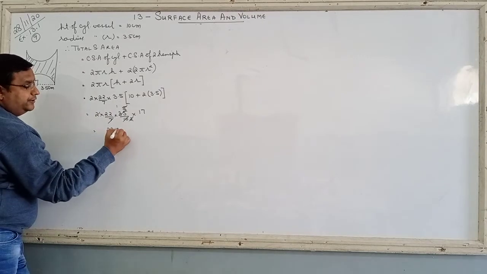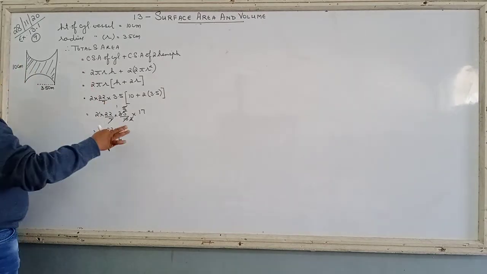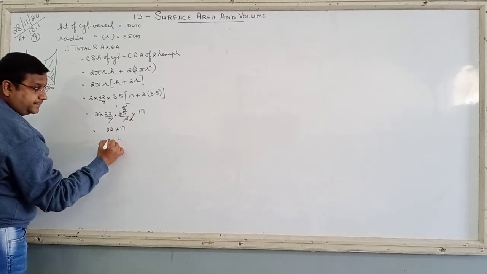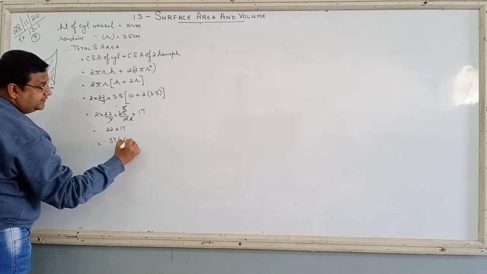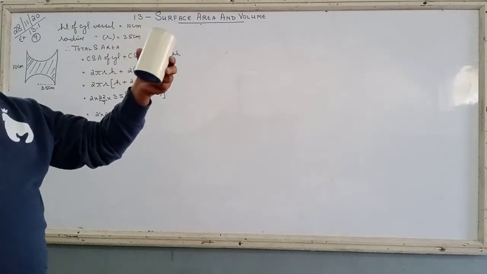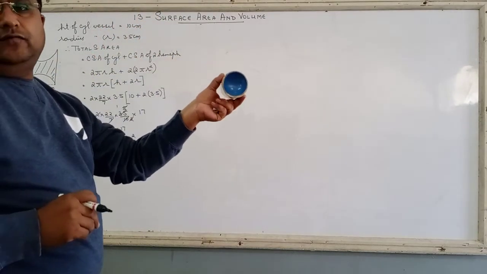So 22 into 17, 17 twos are 34, carry 3, 17 twos are 34, 34 and 3, 37 centimeter square. This is what you have to understand. When we are digging out, when we are taking out some hemispheres, what is to be done?